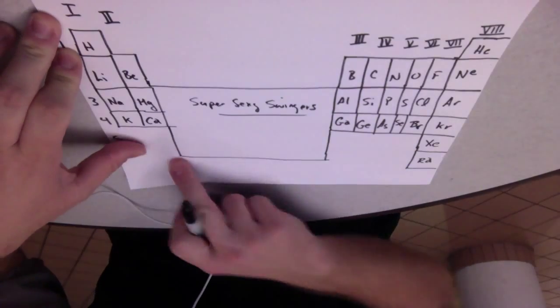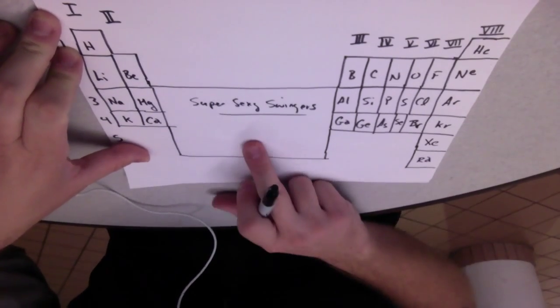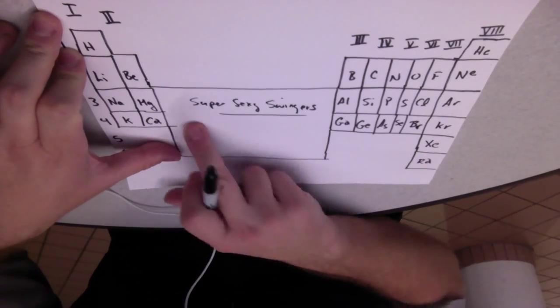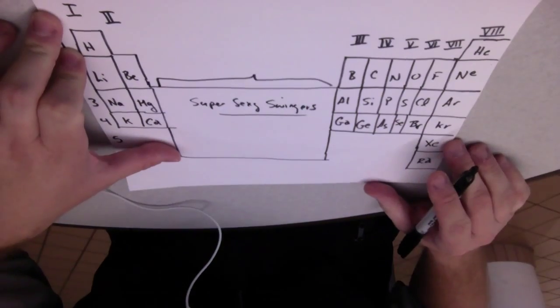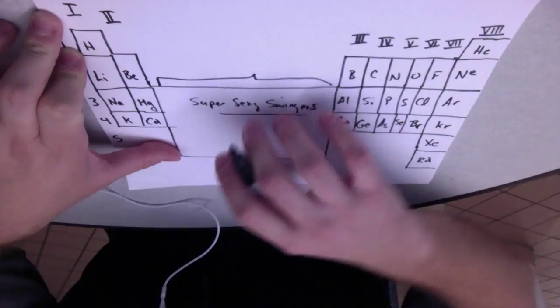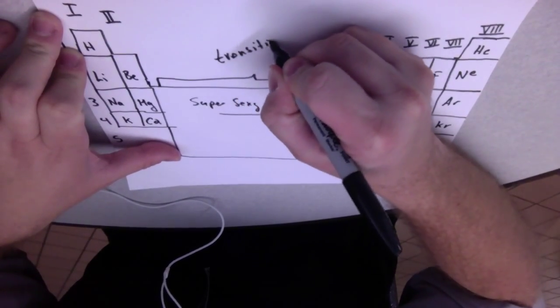I have group 1, group 2, 3, 4, 5, 6, 7, and 8. And all the elements in here are what I call the super sexy swingers, because they do really interesting things with their electrons. And this area in the middle is actually called the transition metals.